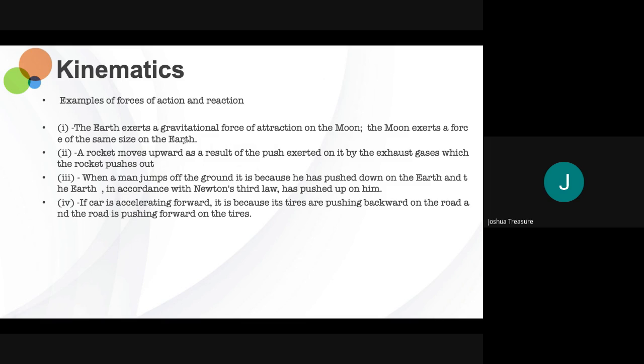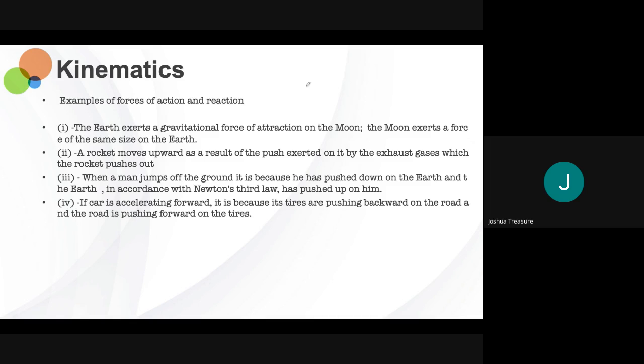All right. So, examples of forces of action and reaction. These are just some examples. I'll do the first one. The Earth exerts a gravitational force of attraction on the Moon, and the Moon exerts a force of the same size on the Earth. Now, we'll go more into gravitation in the future, but as you know, according to the law of gravitation, every object exerts some form of gravitational field, and this is dependent on the size of the object.